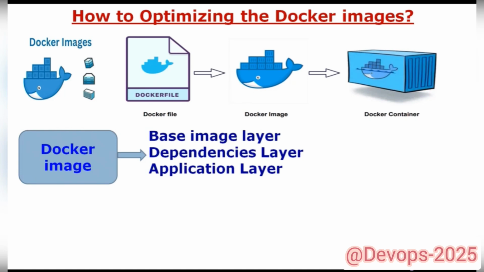And then between your base image and application layer, you would keep all the dependencies to support or run your application. All of these files or scripts we need to put into the dependencies. Example, if you want to run your Java application, you need the Java related dependencies, other binaries, other libraries, all those things you need to put into the dependencies layer.